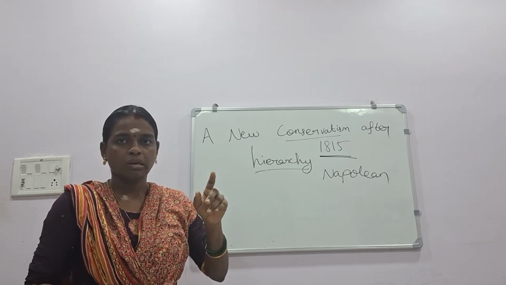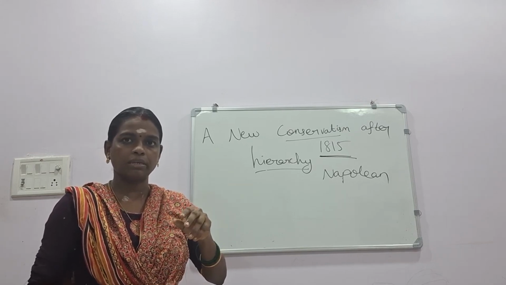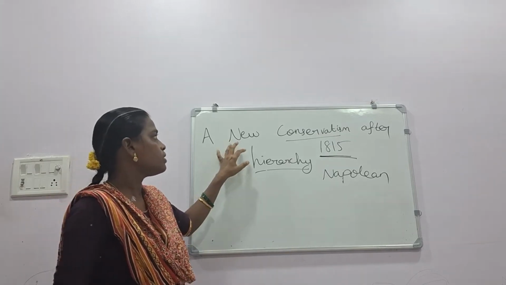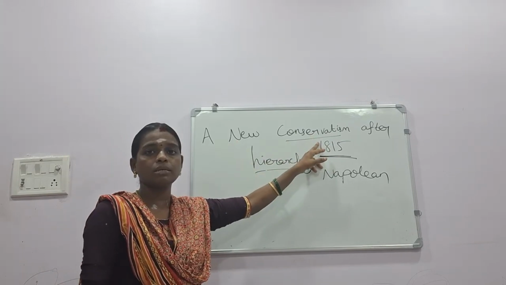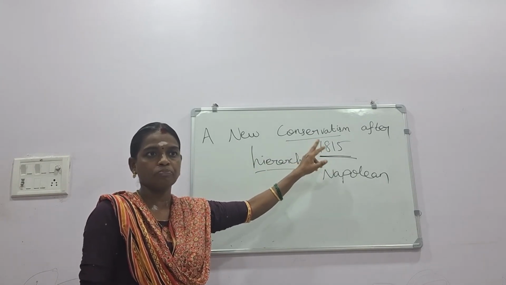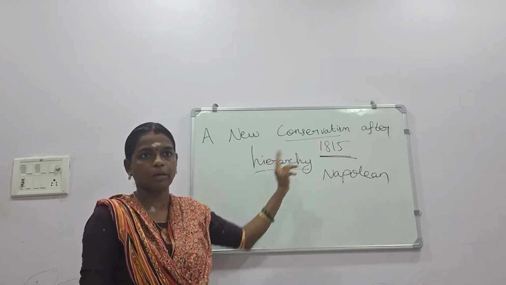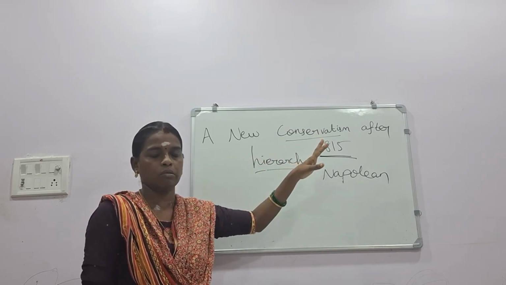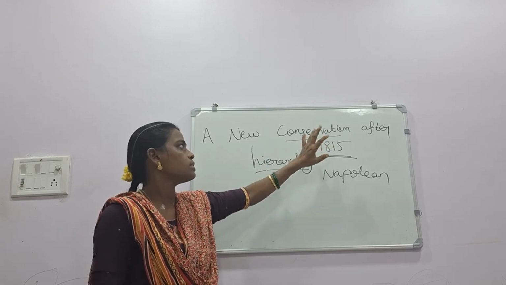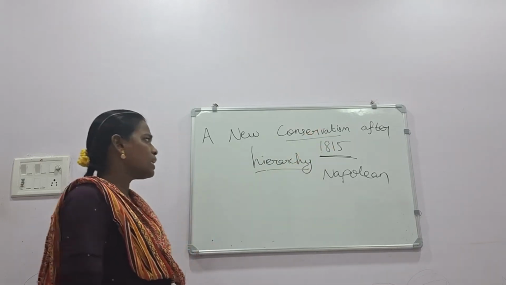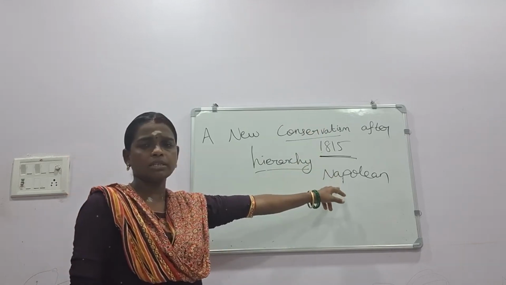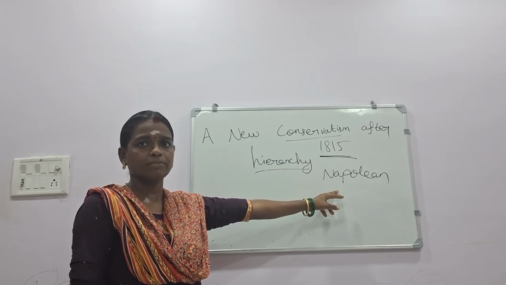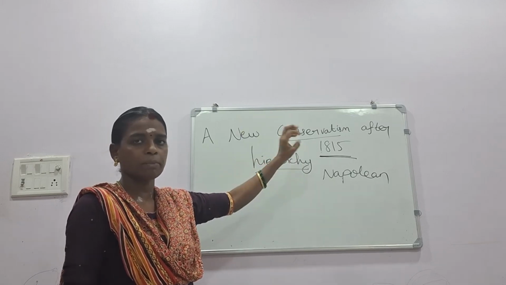So one more time I want to let you know the points which I highlighted. The first thing, new conservatism after 1815. Conservatism means the people who believed in tradition like social hierarchy, monarchy, even feudalism, serfdom. All those people are referred to as conservatist people. In 1815, Napoleon was defeated, and after that the power got into the hands of the conservatist people.